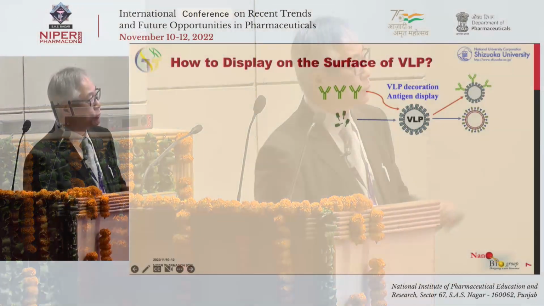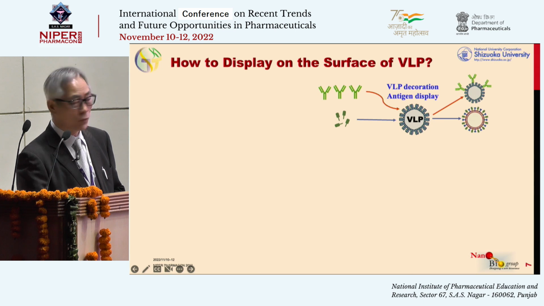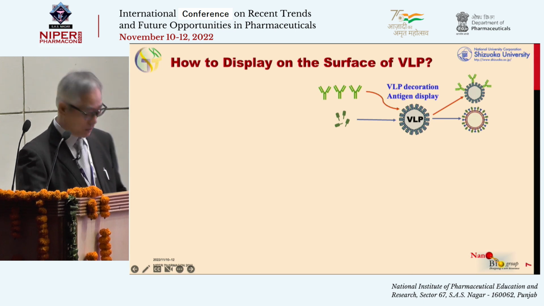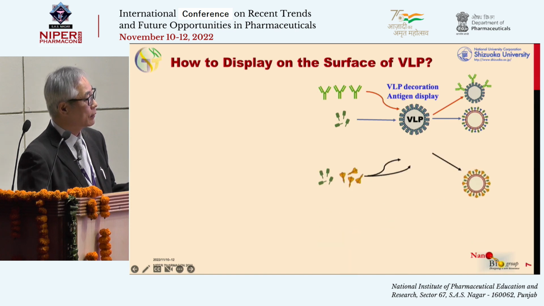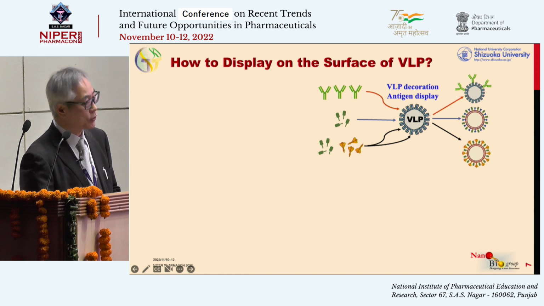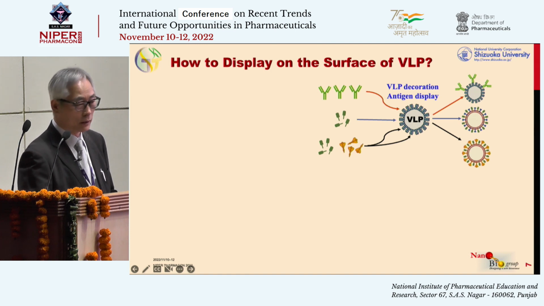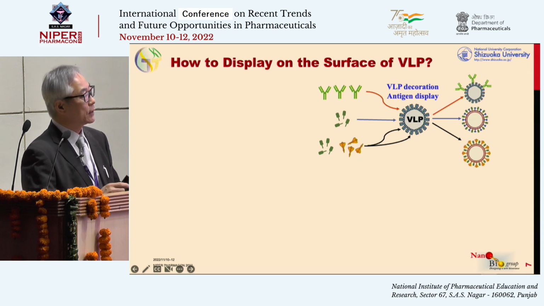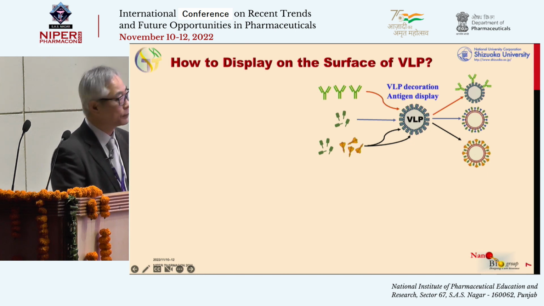Also, sometimes we want to display a specific antigen on this VLP for a monovalent vaccine. Otherwise, two different kinds of antigen displayed on the VLP for a divalent VLP vaccine. Like this, we can display some interesting protein on the surface of the VLP for our purpose.